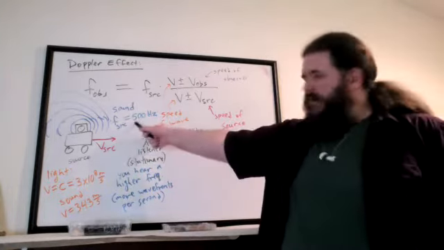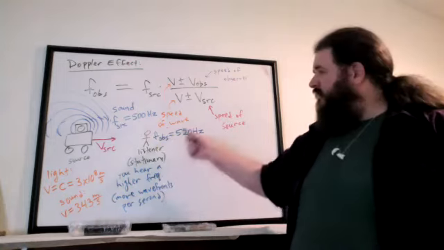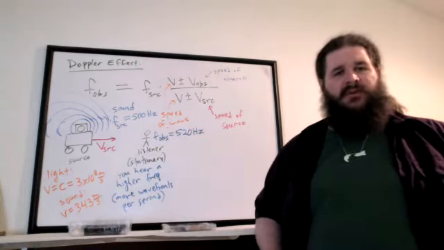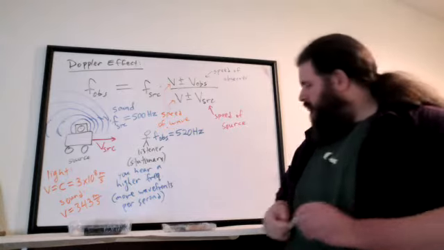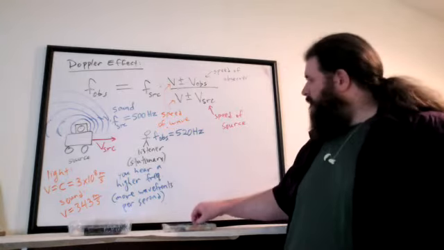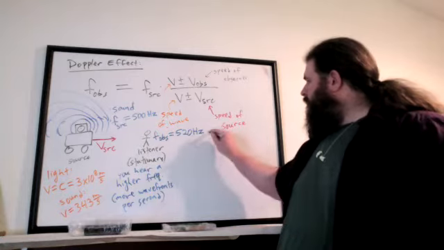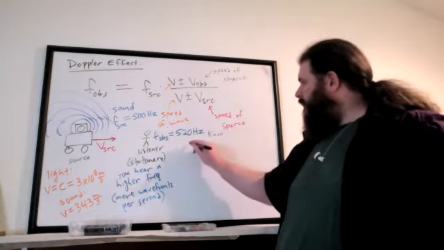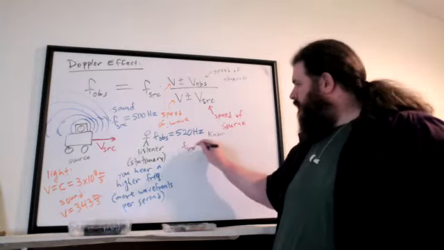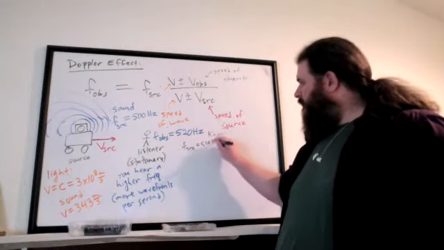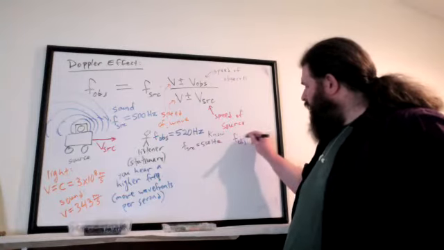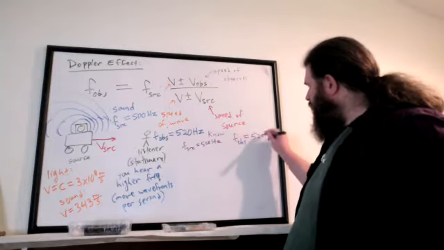So we've got the frequency created by the source, and we experimentally measure the frequency heard by the observer. So if we list out everything we know here, we know the frequency of the source, 500 hertz. The frequency measured by the observer, 520 hertz.